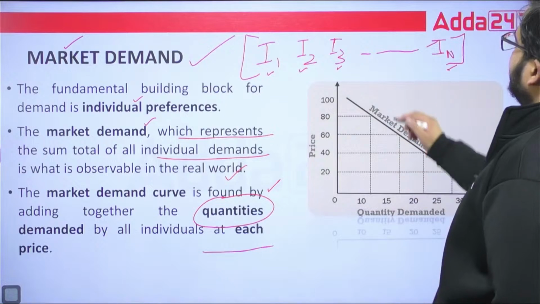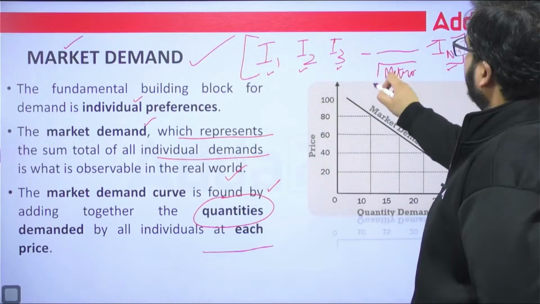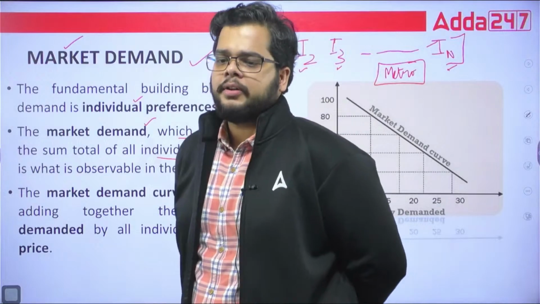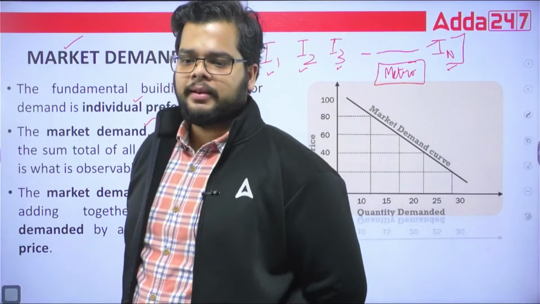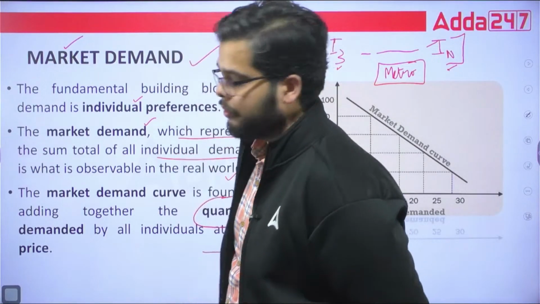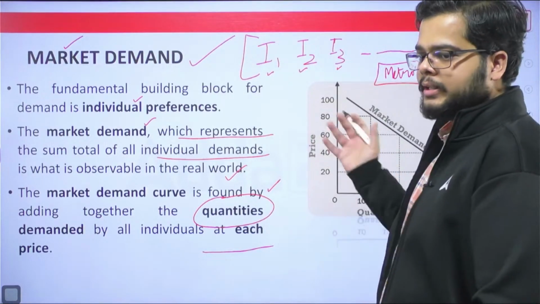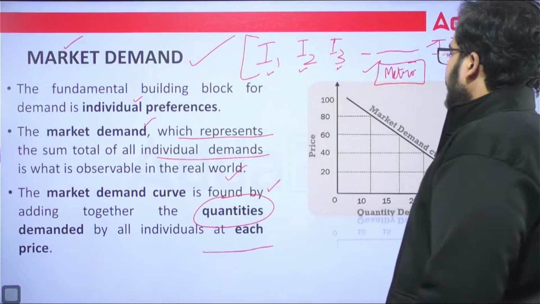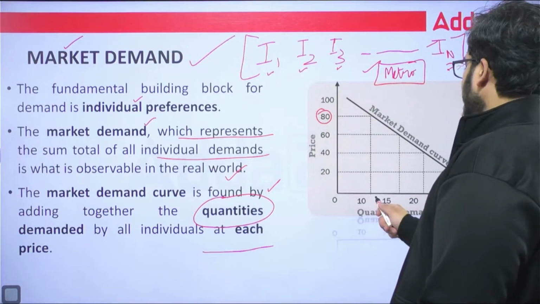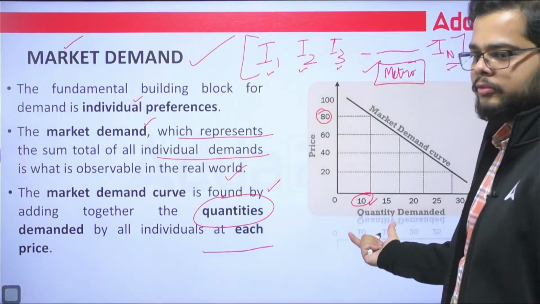I am sitting, let's suppose, in a metro city, and here I am vaguely talking about a market. I have not defined the market. I don't know per se the specific definition of the market I am going to talk about. But what I know is that an individual in this metro city has paid a price of rupees 80 for a quantity of 10.